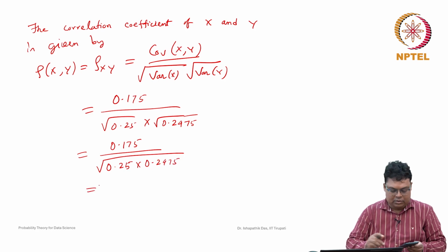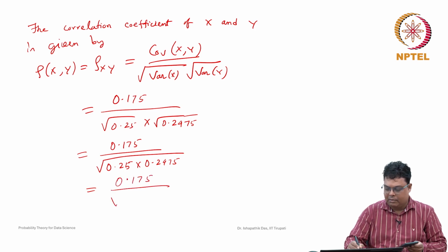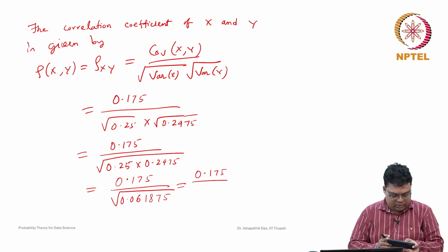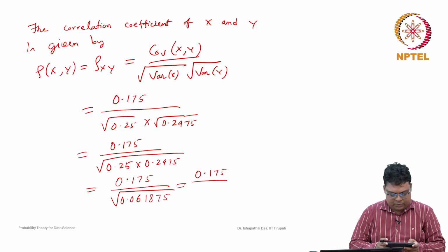Multiplying 0.25 into 0.2475 gives 0.061875. So this is equal to 0.175 divided by the square root of 0.061875.